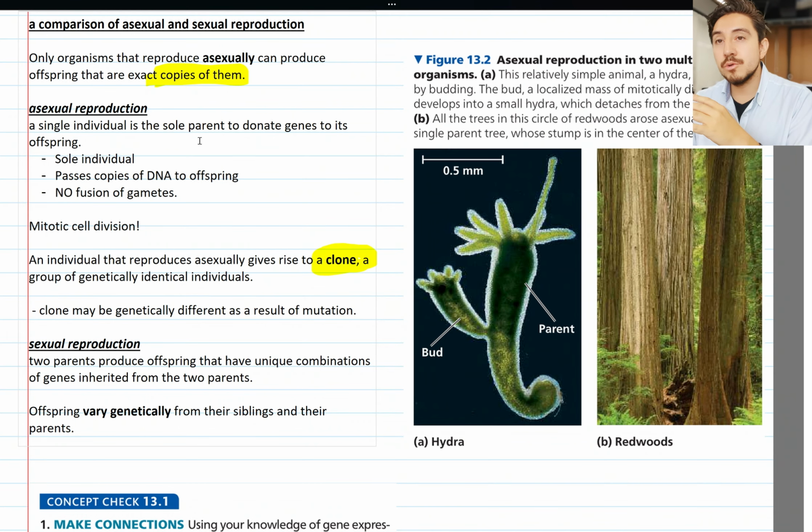In asexual reproduction there's no interaction between any other individual and any other DNA, so it is only one individual. That individual copies its DNA perfectly and gives each daughter cell the same identical DNA. This is referred to as asexual reproduction.